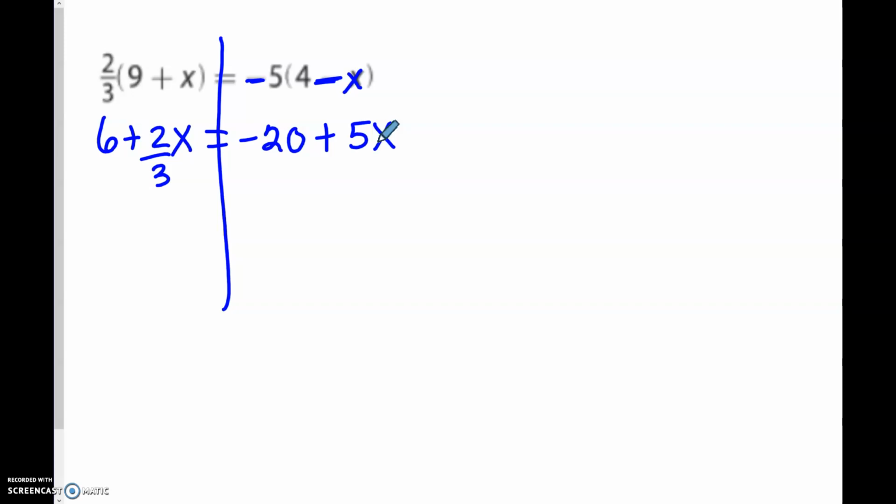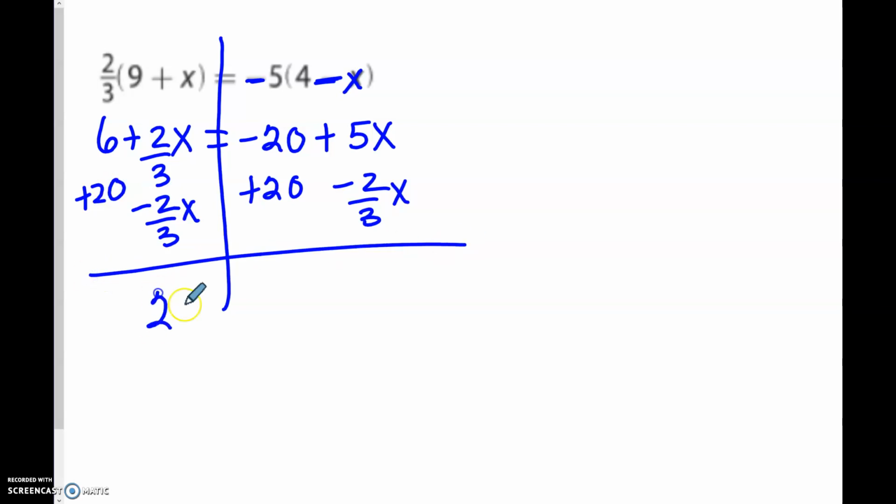All right, so now I am going to subtract 2/3 x from both sides. And at the same time, I'm just going to add 20 and add 20. So I end up with 26 equals, and 5 minus 2/3 is 4 1/3 x.